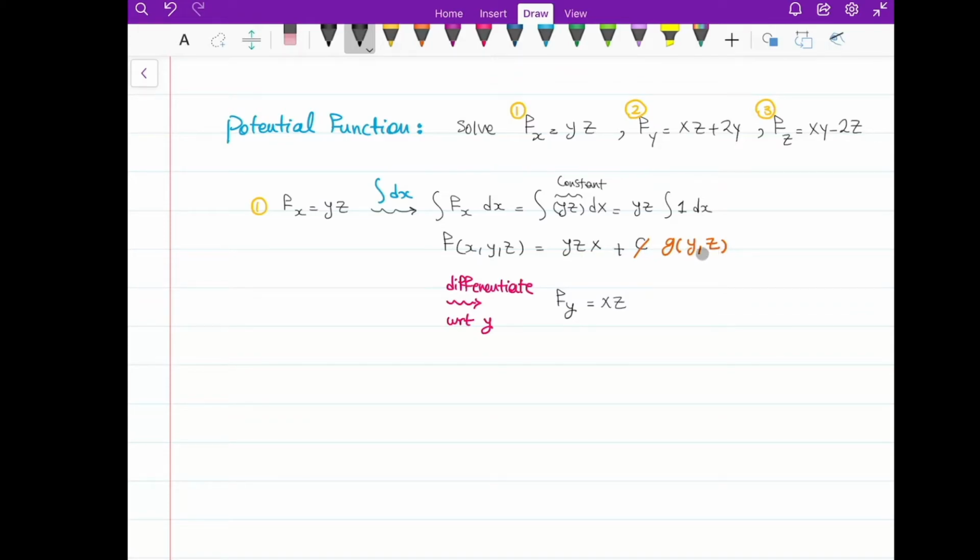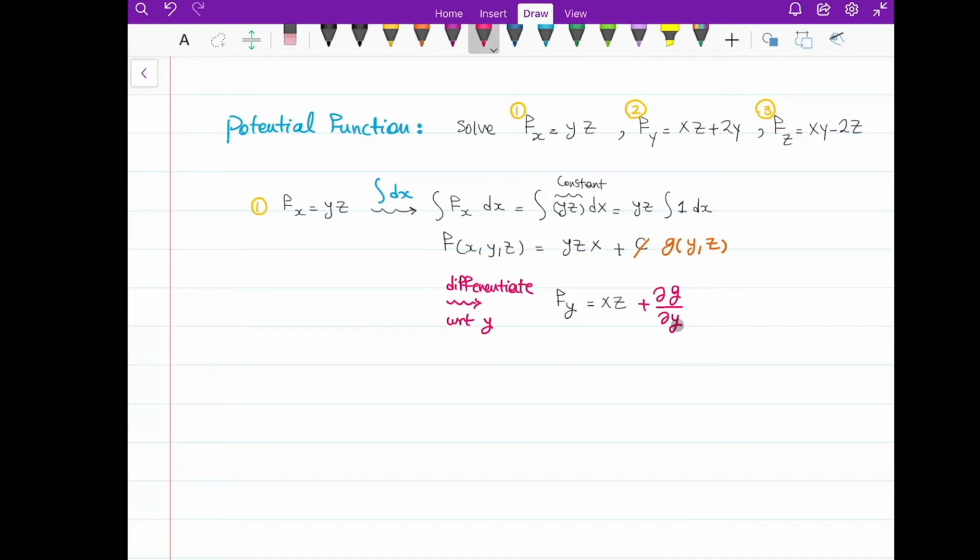And the derivative of this one with respect to y is the partial derivative of g with respect to y. It is not g prime, it is not dg dy, it's curly, just because g is a function of two variables and I'm taking the derivative with respect to y.